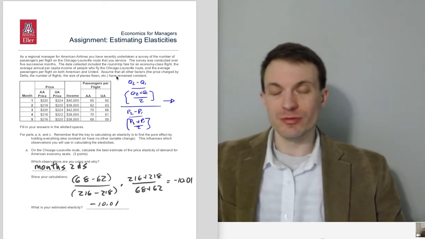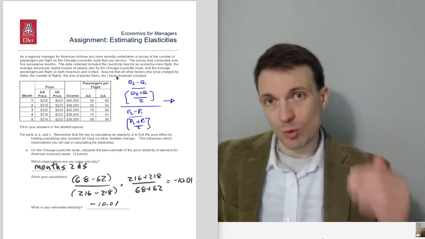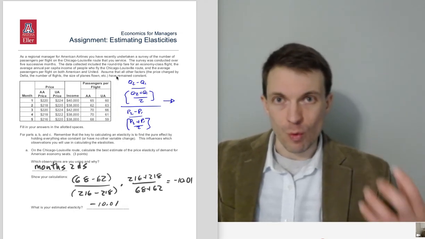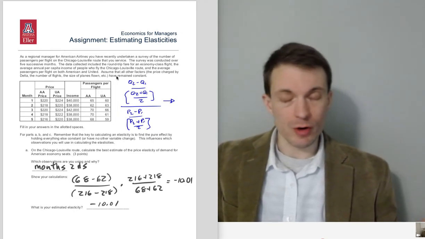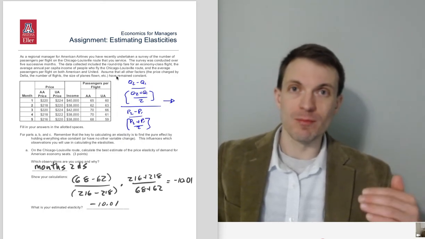In particular, if we're interested in the price elasticity of demand, that's the percentage change in quantity given a percentage change in price. We want to find out how quantity changes when price changes. We already know if it's going to go up or down just by the law of demand. Elasticity tells us how much, right?